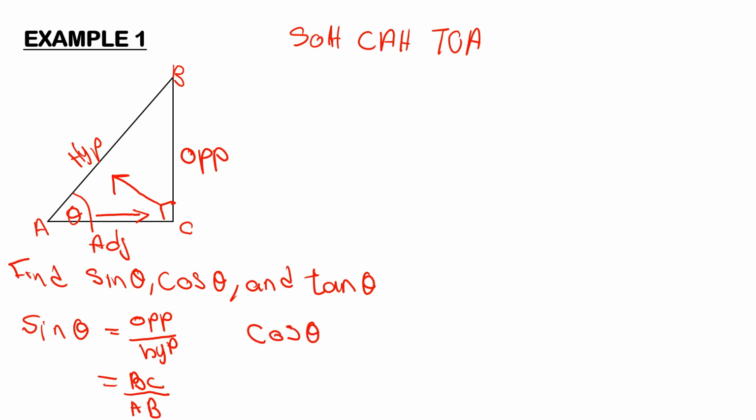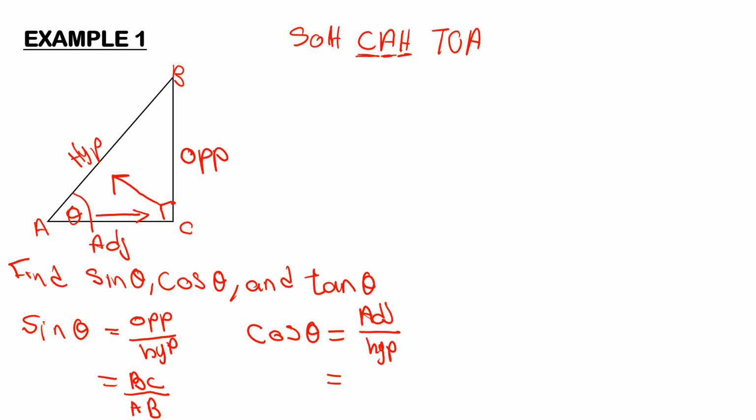What about our cos theta? By SOHCAHTOA, we know that cos is equal to adjacent over hypotenuse. So we're going to say cos is equal to adjacent over hypotenuse.